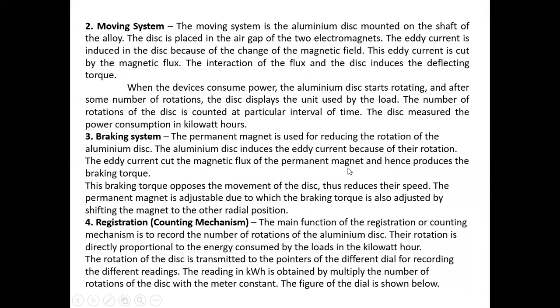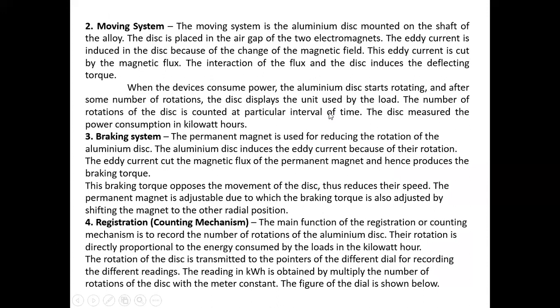When the devices consume power, the aluminum disc starts rotating, and after some number of rotations, the disc displays the units used by the load. The number of rotations of the disc is counted at a particular interval of time.